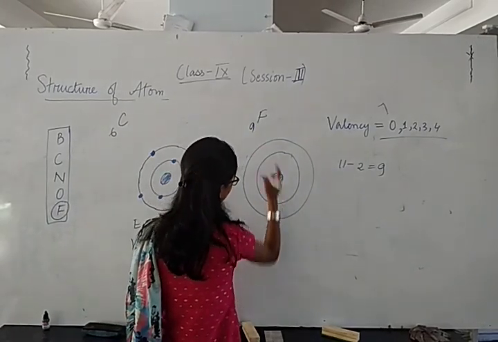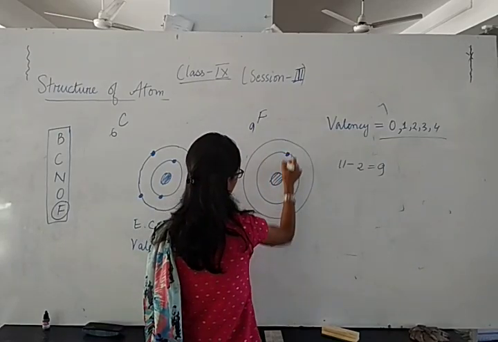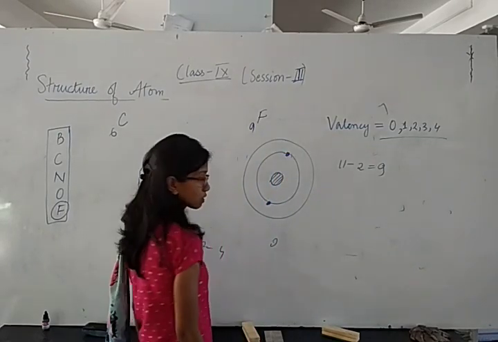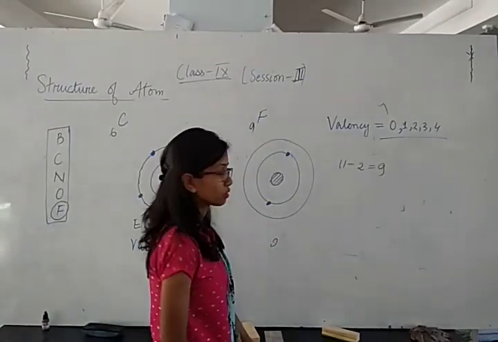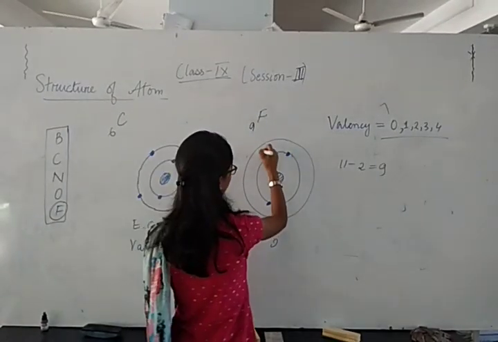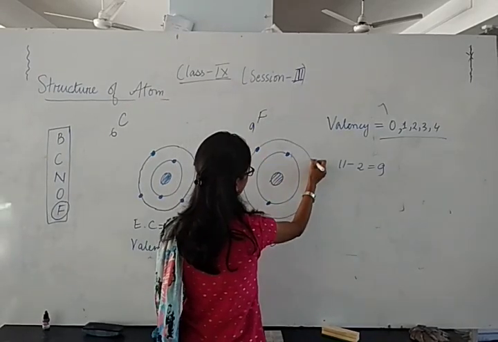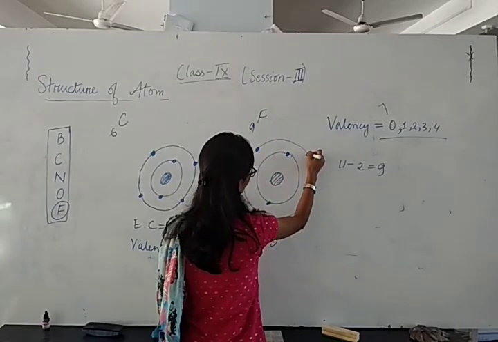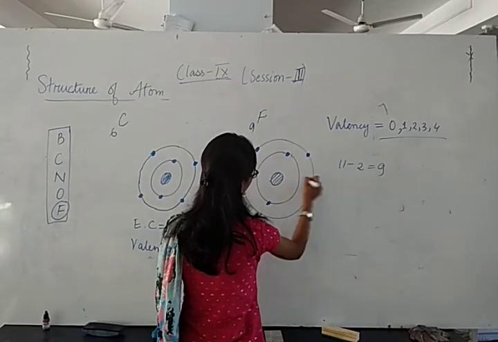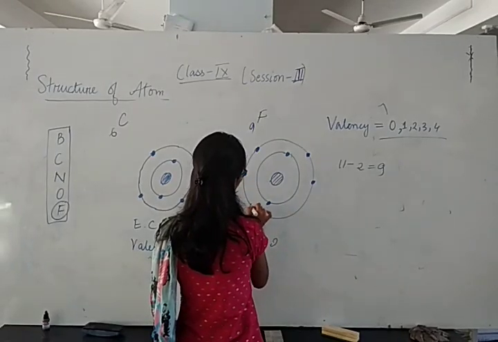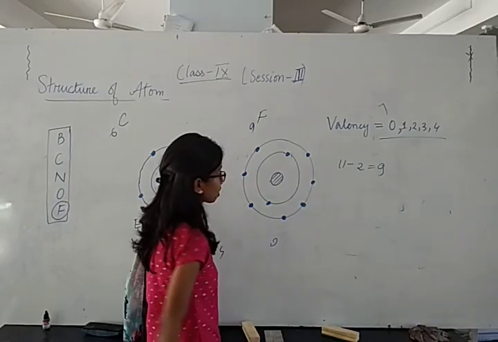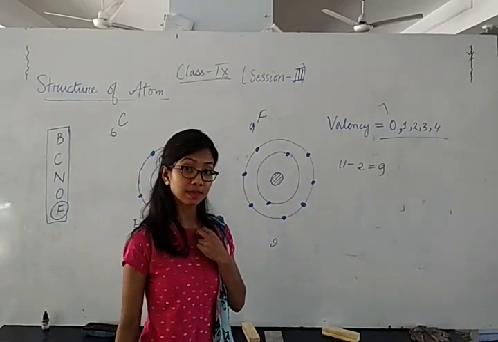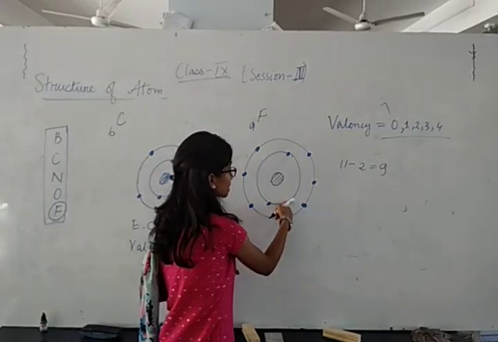Now you see, the first cell will contain 2 electrons. So 9 minus 2 is equal to 7. So the remaining 7 electrons will be accommodated in the next cell. 1, 2, 3, 4, 5, 6 and 7. These 7 electrons will be present in the second cell, that is, K cell, L cell.